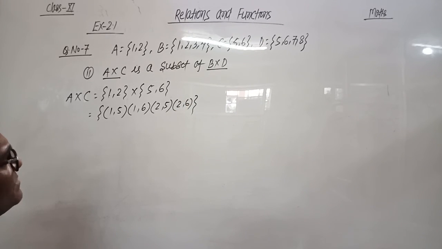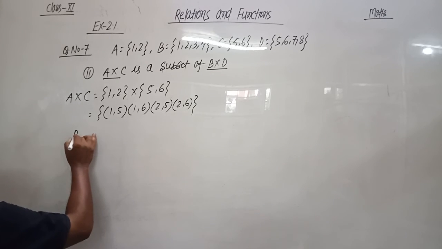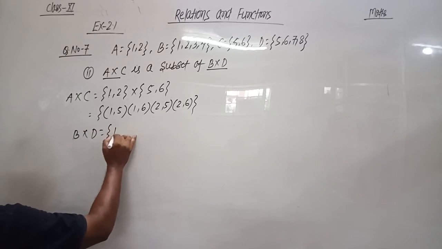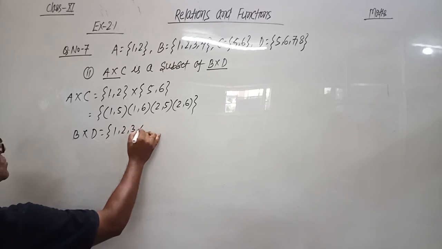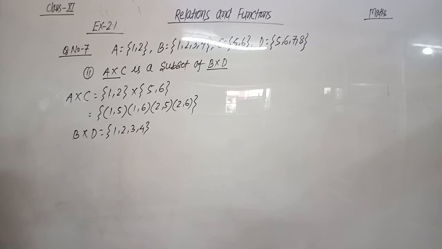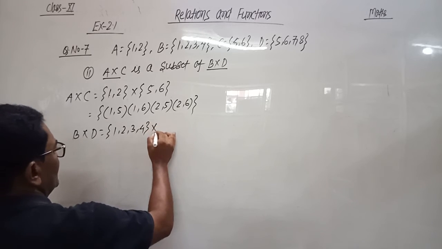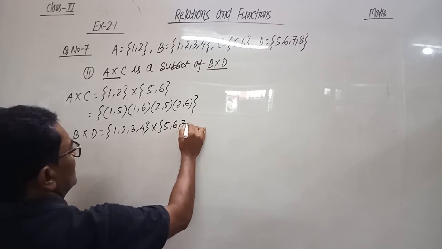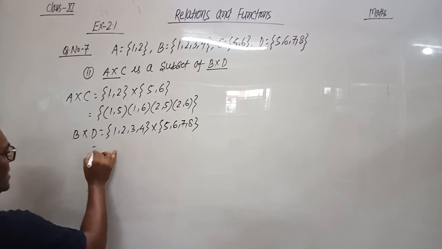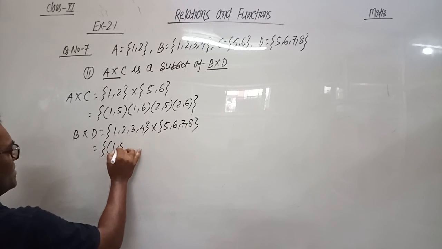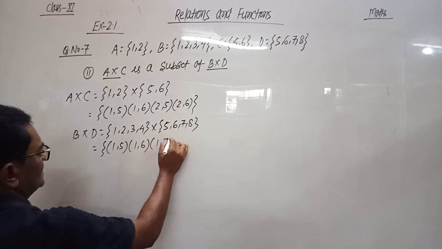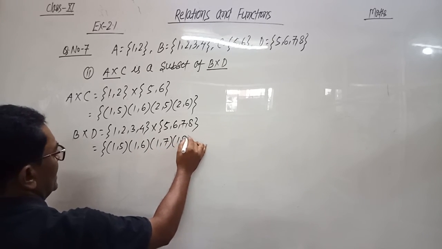Then we calculate B cross D. The elements of set B are 1, 2, 3, 4, and cross D, the elements of set D are 5, 6, 7, 8. We write in ordered pairs. So 1 comma 5, 1 comma 6, 1 comma 7 and 1 comma 8.